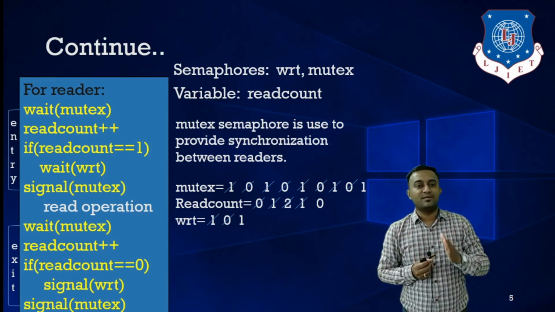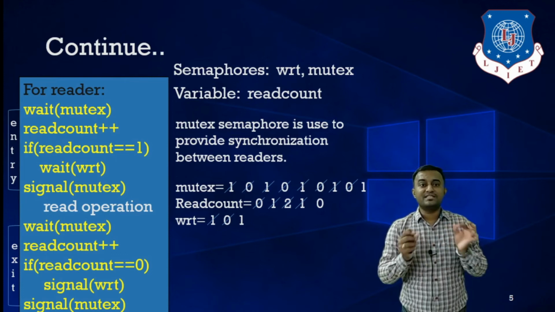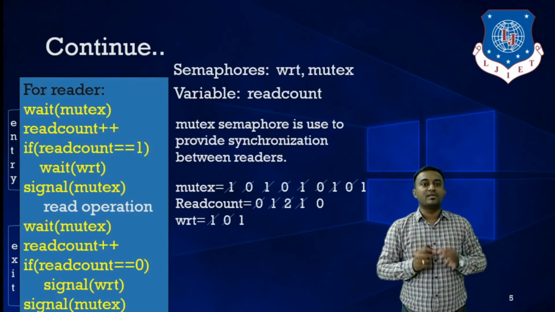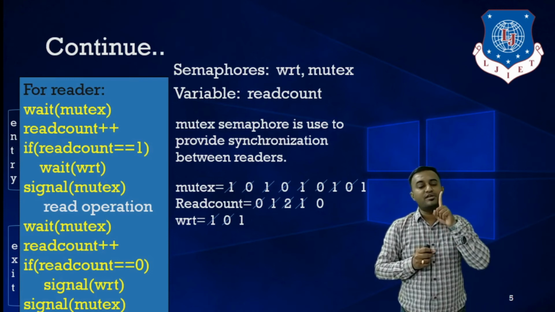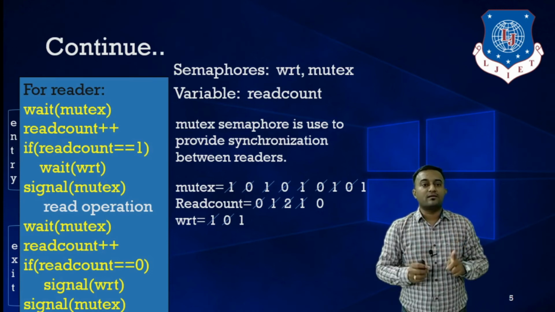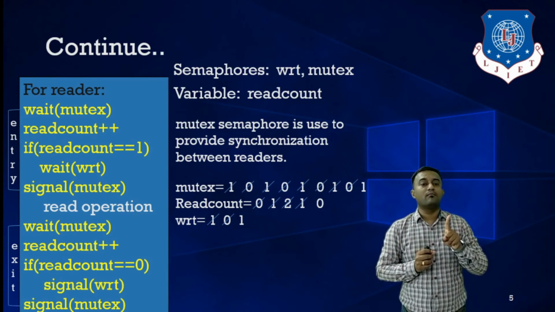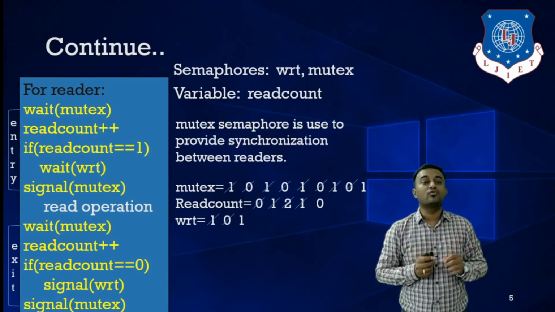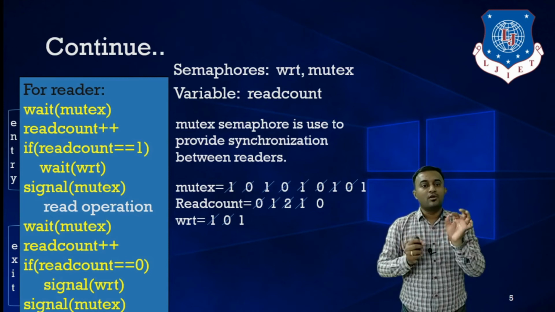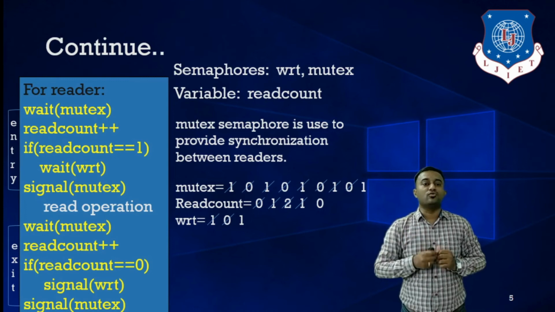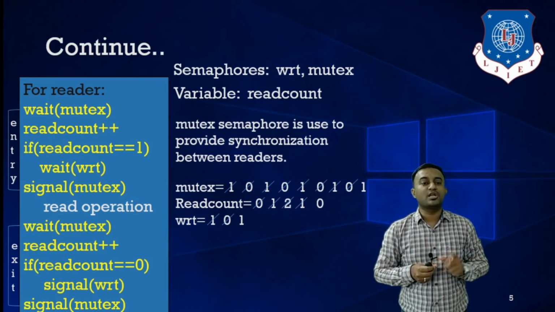When the first reader comes and this condition is satisfied, it is the responsibility of the first reader not to allow any writer process into the critical section. Once wait on WRT is executed, the value will be 0. Now the next statement is signal on mutex.